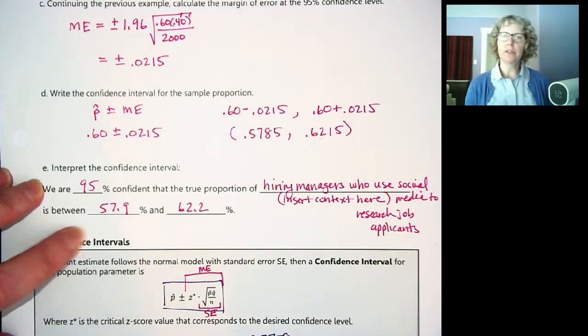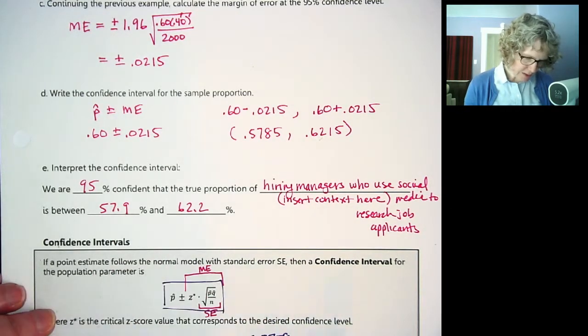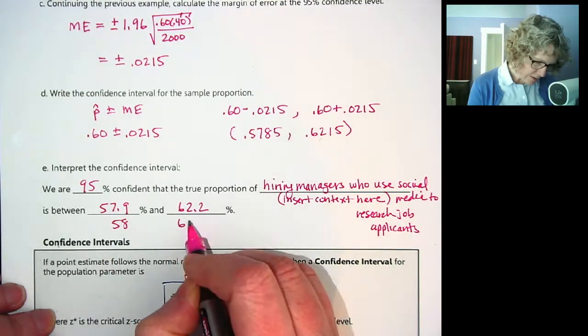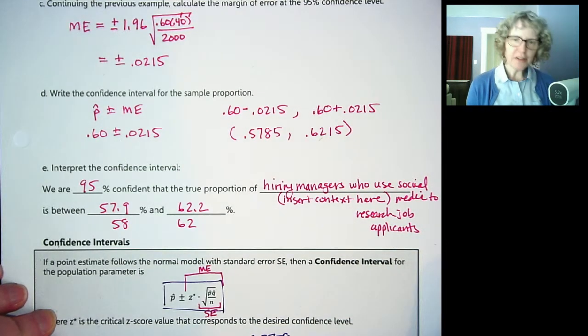I'm cutting off a digit just to make it a little more understandable. 57.9% and 62.2%. Or you could round this to 58% and 62%. Okay, so that's the interpretation of our confidence interval.